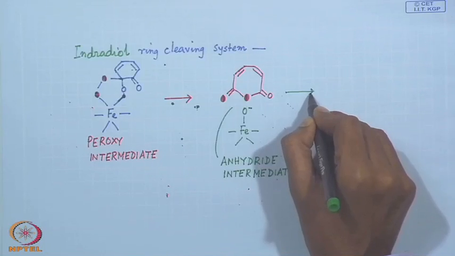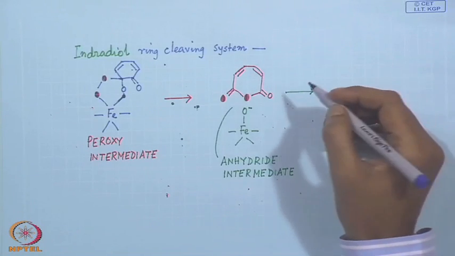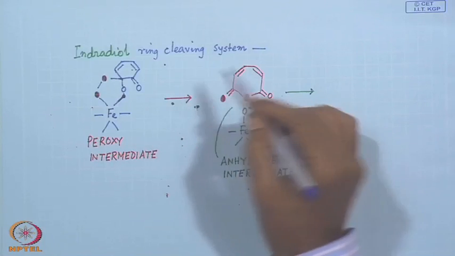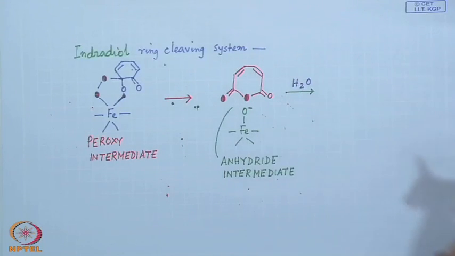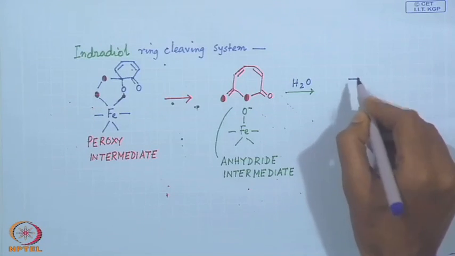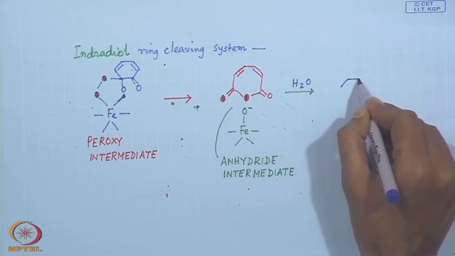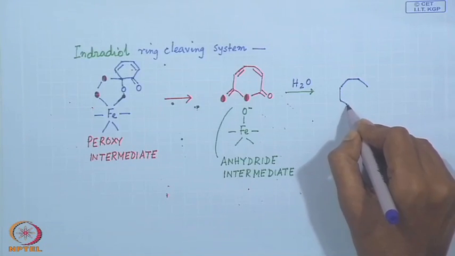And the final step, which is very interesting, is that in this particular case water is not attacking here, water will be here to break your anhydride link. So, this is our product, we all know now.